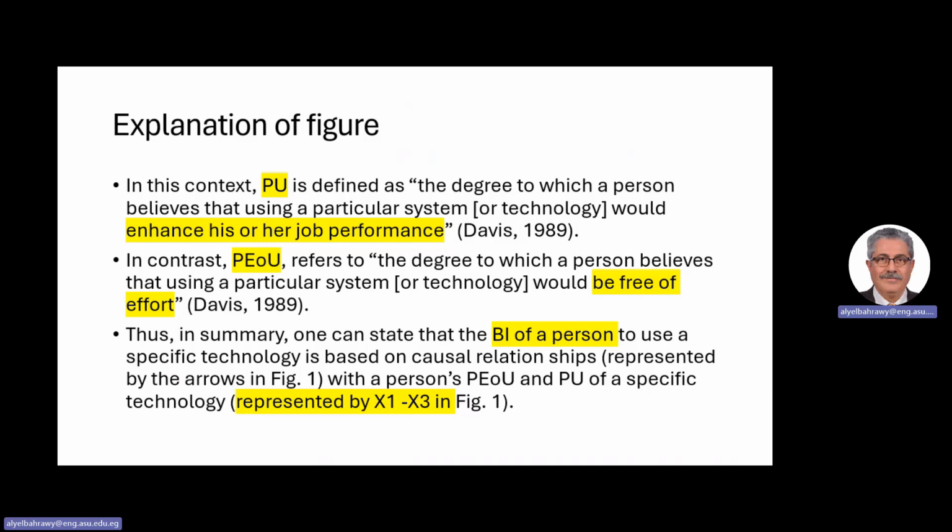In summary, one can state that BI of a person to use a specific technology is based on causal relationships with a person's PE of U and PU of a specific technology, represented by X1 to X3 in figure 1.